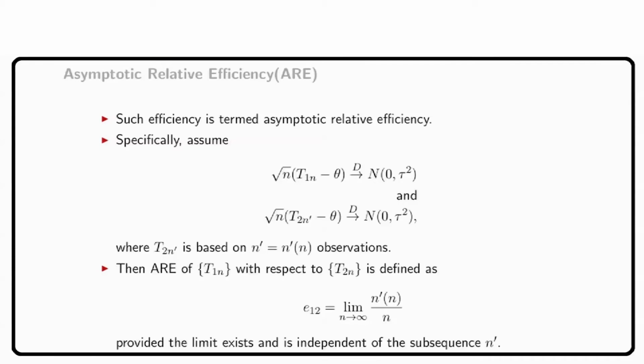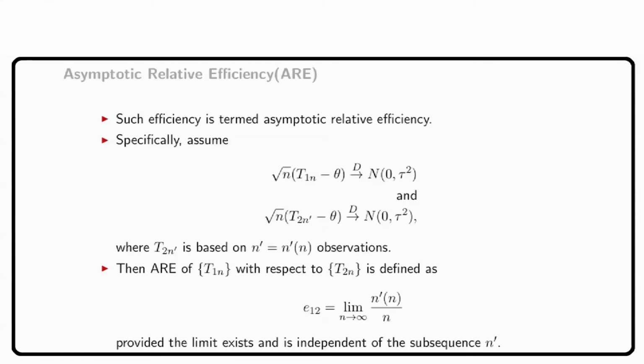In brief, suppose root n into (T1n minus theta) converges to normal (0, tau square) and root n prime into (T2n prime minus theta) converges to normal (0, tau square) in distribution, where T2n prime is based on n prime observations. That means n prime is a subsequence of n.